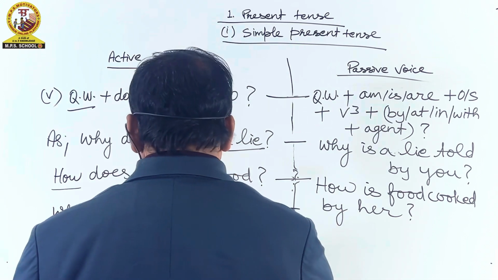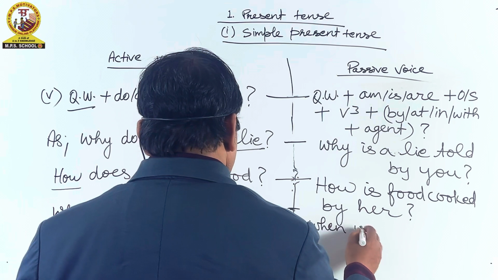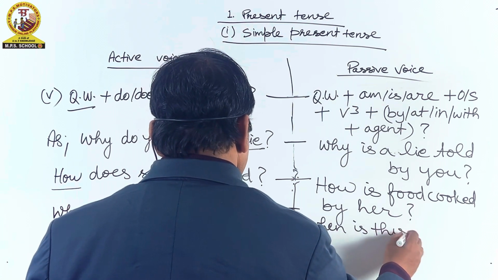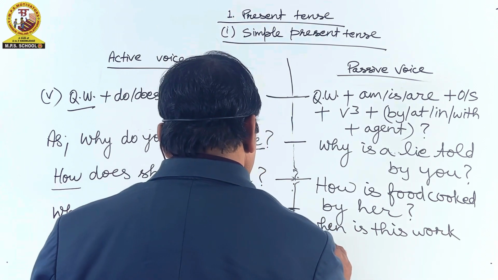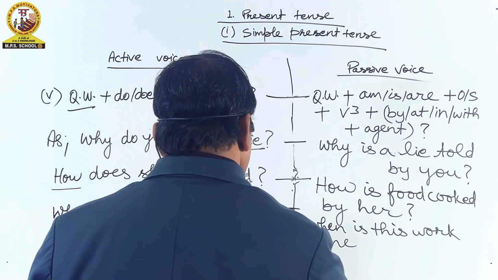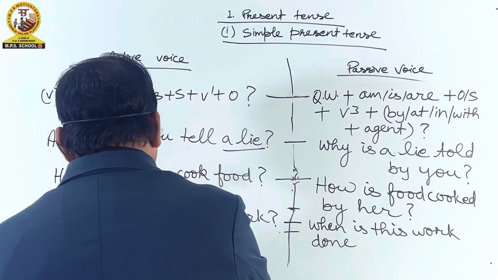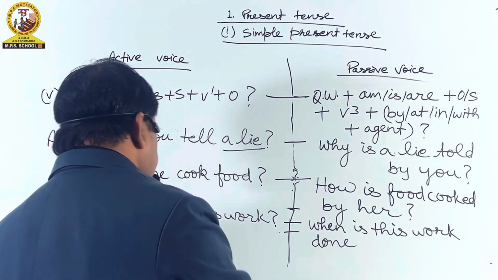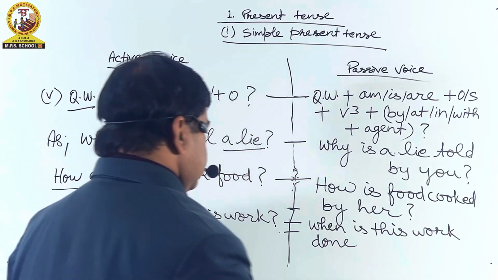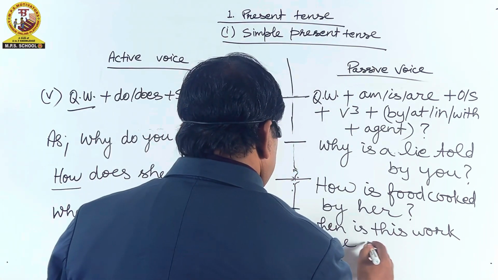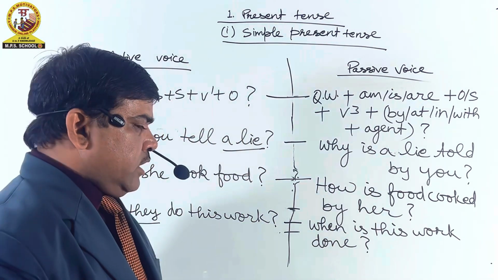The passive voice of this sentence will be when is this work done? When is this work done? Here we don't need to use the subject object of they, because it is not required here. We will put question mark here. When is this work done?